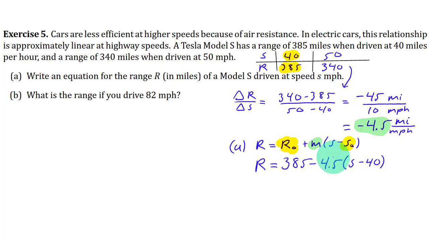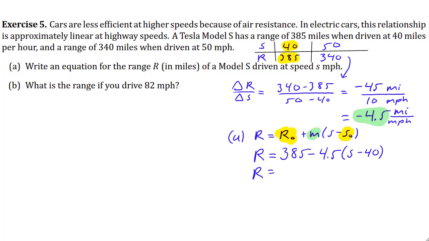You could also, by the way, distribute the negative 4.5 into this, and you'd get r equals 385 minus 4.5 s, and then minus 4.5 times negative 40 is going to be negative 180, I think. Or plus 180, because it's a negative times a negative there.